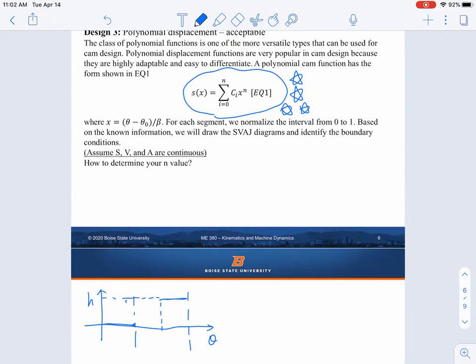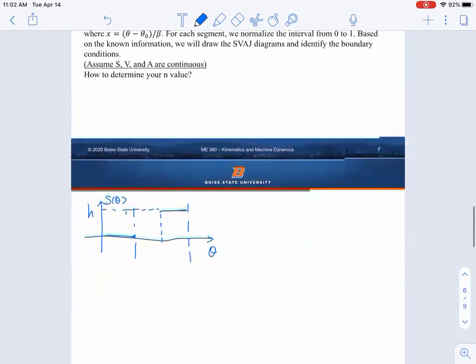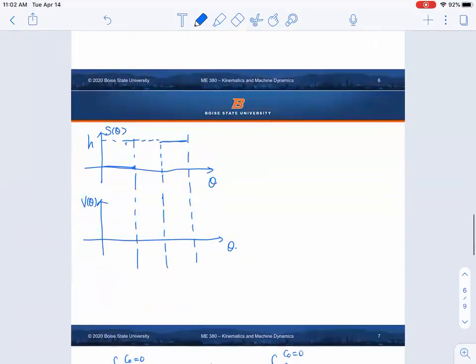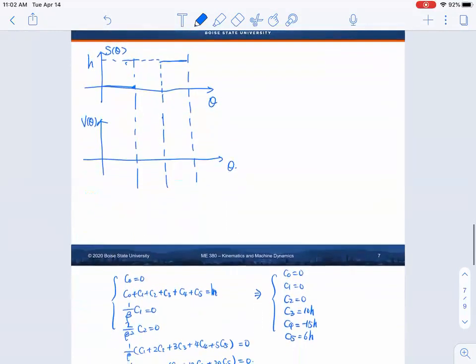You have your H, you have S(theta). No matter which method you're using, the first step is always to draw the SVAJ based on whatever information you have.